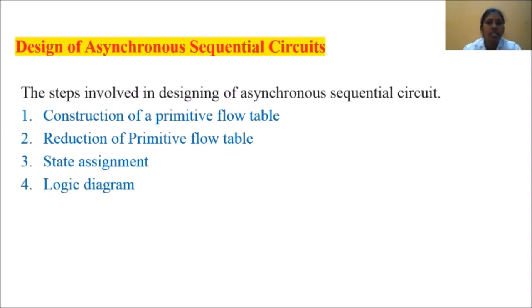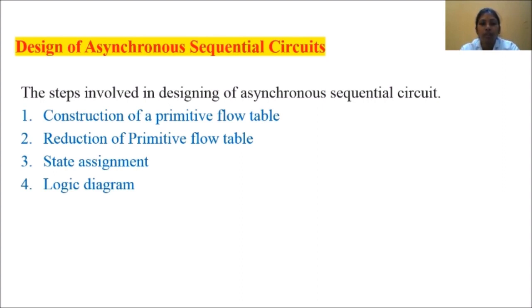There are several steps used for the design of asynchronous sequential circuit. First step is the construction of primitive flow table. That flow table is identified from the problem statement given, and an intermediate step may include the development of a state diagram. Second step is the reduction of primitive flow table.